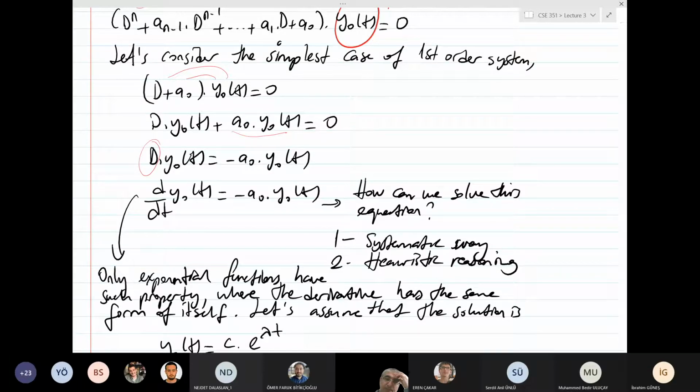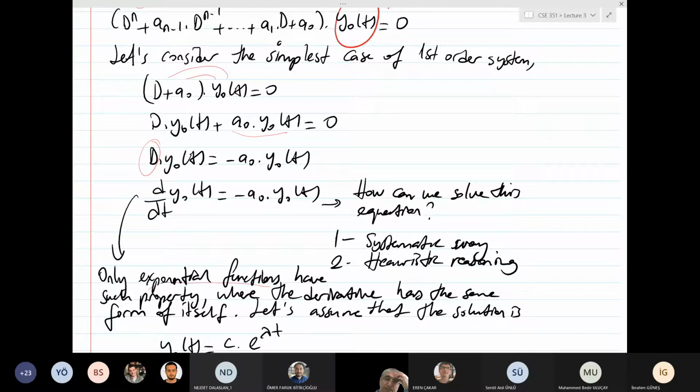Which function has such a property? Only the exponential function. When you take the differential of an exponential, you obtain the function itself, so the derivative has the same form.